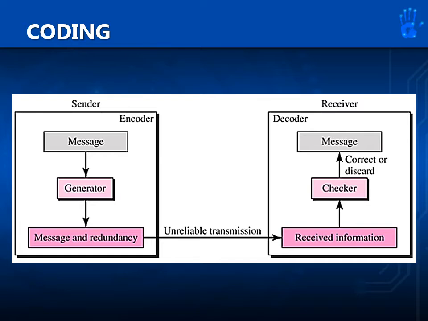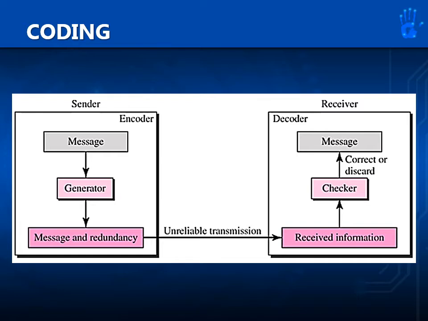Now, no channel is perfect, although some are better than others. But even in the best channels, an error may still occur. Once the message and redundancy get to the receiver, the information will pass through a checker. Basically, what the checker does is it compares the message and the redundancy bits.